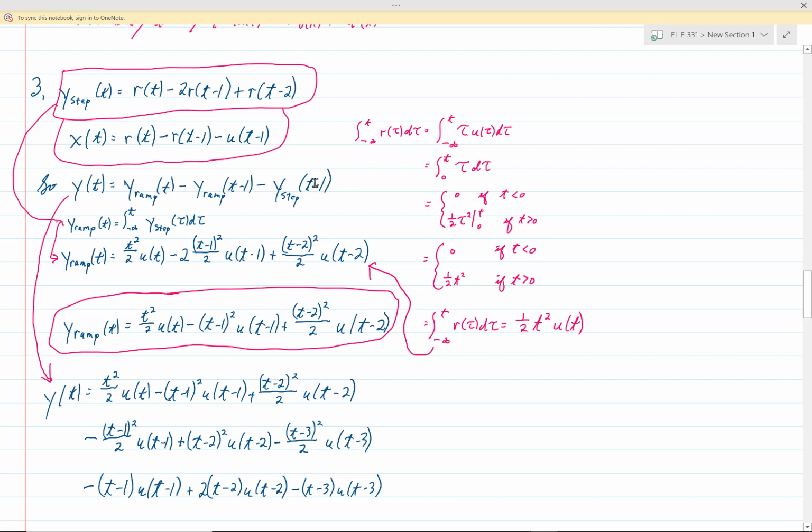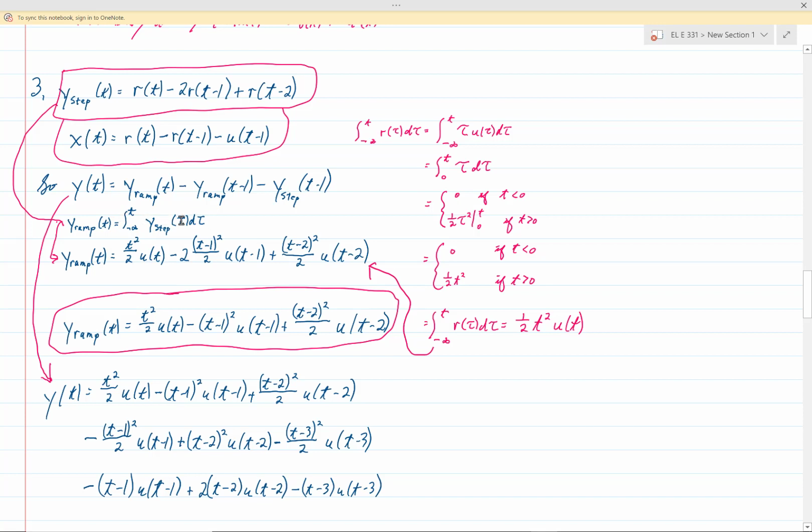Now, as we said, we can find this response to the step function just by shifting what we have up here, what was given. But to find the response to the ramp function, we have to use this formula, which we learned in lecture 8, which is that the response to the ramp is equal to the integral from negative infinity to t of the response to the step.